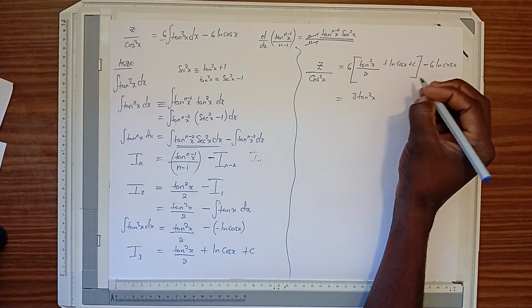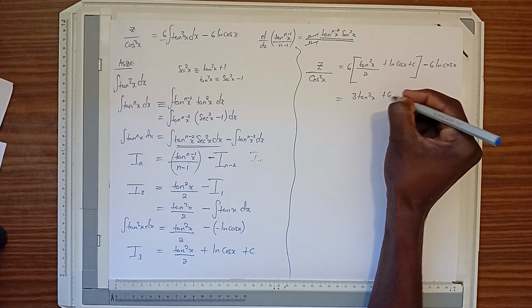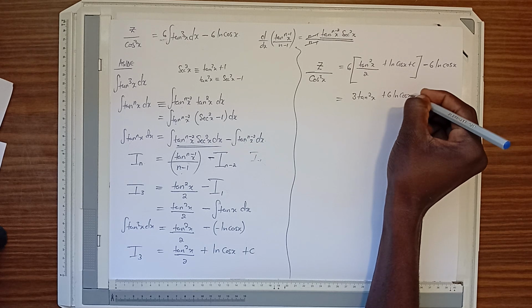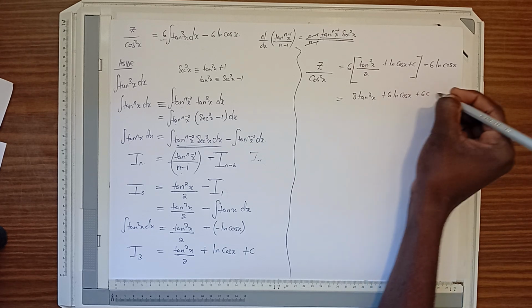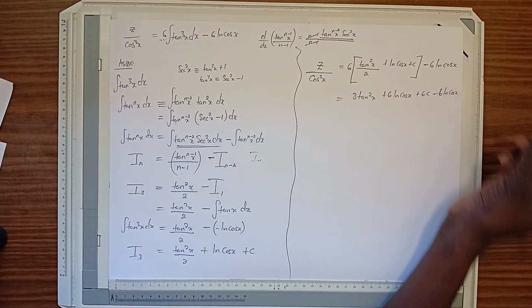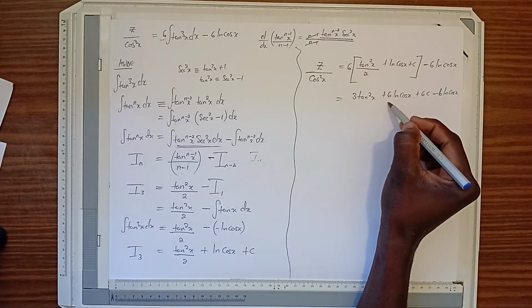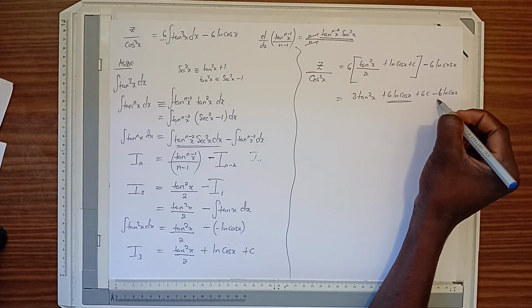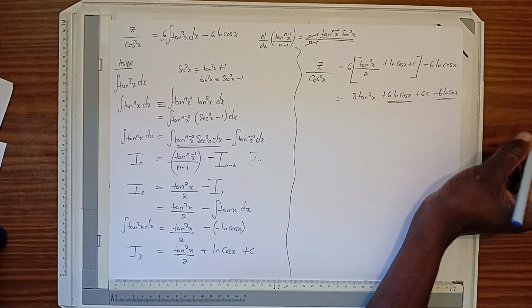If we multiply by 6 here, we get plus 6 ln cos of x plus 6c minus 6 ln cos of x. Then 6 ln cos of x minus 6 ln cos of x gives 0.